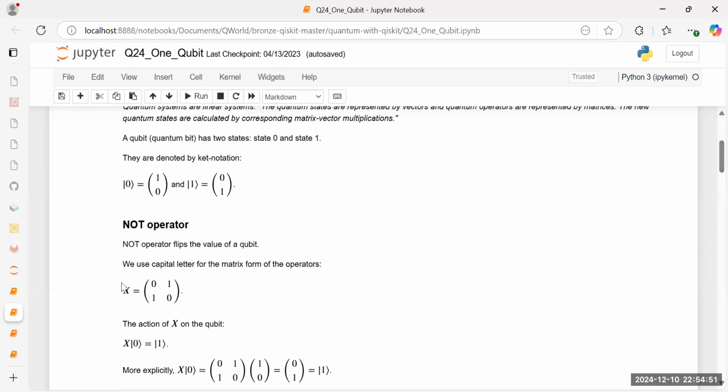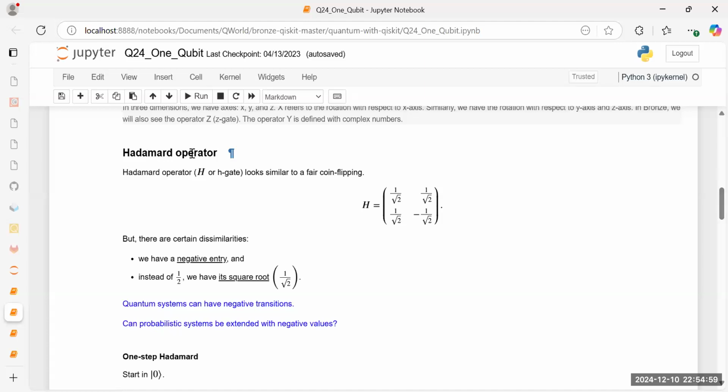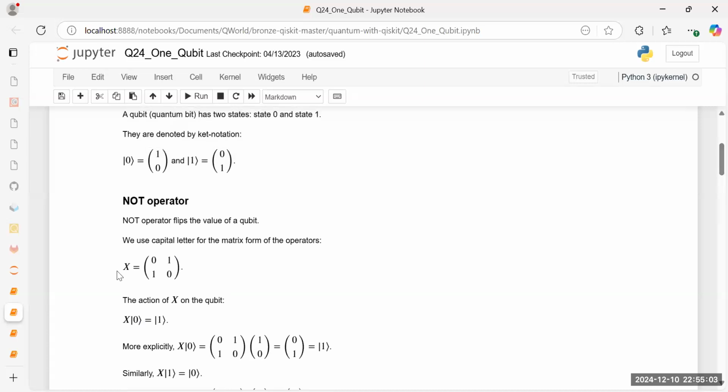Okay, so we just looked at the matrix form of the NOT operator. And now let's look at the matrix form of the Hadamard operator. For the NOT operator, this is consistent with our classical version of the NOT operator.